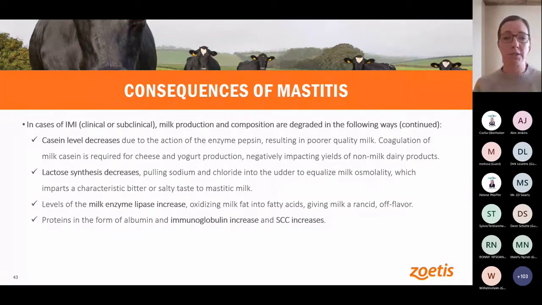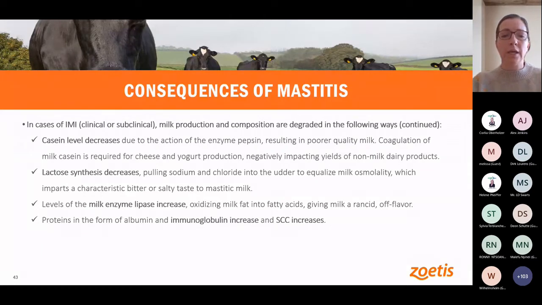Lactose synthesis also decreases, like I said, it was the major carb in the milk. When those lactose levels fall, in trying to maintain osmolality, it actually causes the udder to pull sodium and chloride into the milk. And because of that sodium and chloride being drawn in, it can give the milk a bitter or a salty taste.